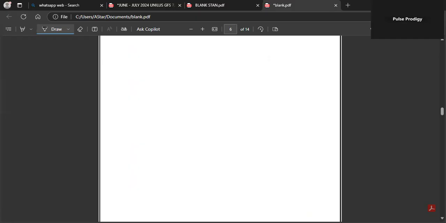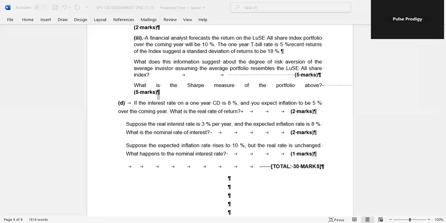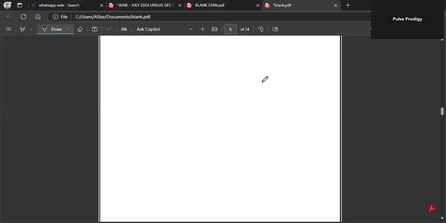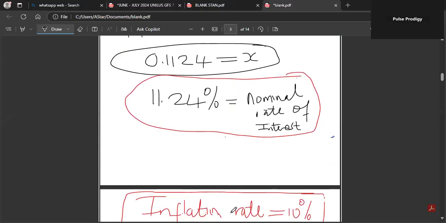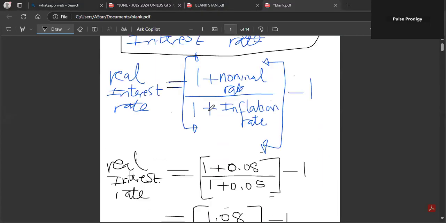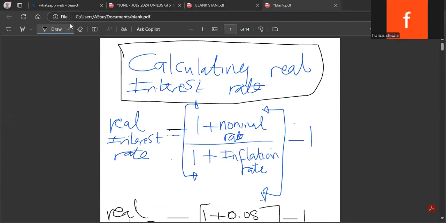So this is about what we have looked at concerning this question. Okay, for those who have just joined in, we haven't missed much. We have just looked at calculating the real interest rate using the formula, this one.